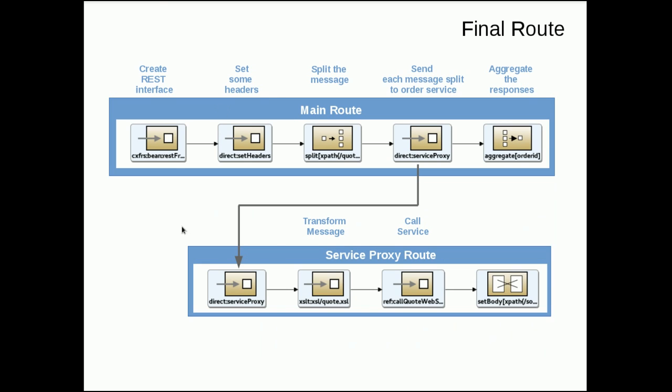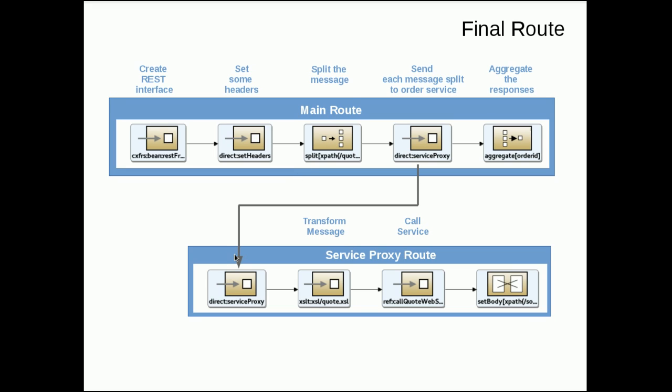So we've exposed a REST interface to the outside world using a pretty simple JAX-RS annotated bean. We've pulled out some data from the message that's coming in and we're storing it for using later. We've actually split the message. We're using some XPath query to split the message and process each of those parts of the message in parallel.